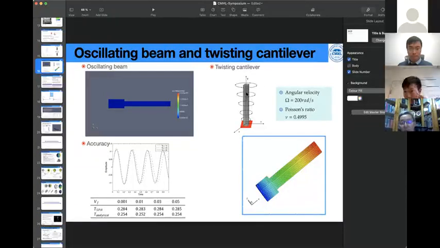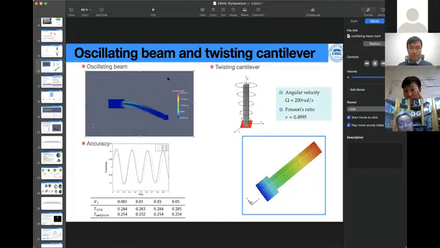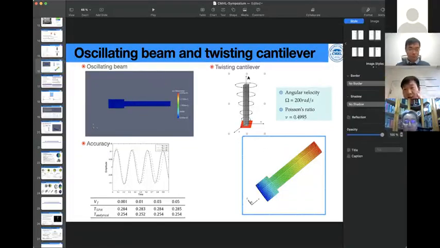Oh, so velocity. For example, in this case, the velocity is in this direction, right? And in the 3D case, we can impose angular velocity along the cantilever in this direction. So you impose angular velocity to all the particles in the object.